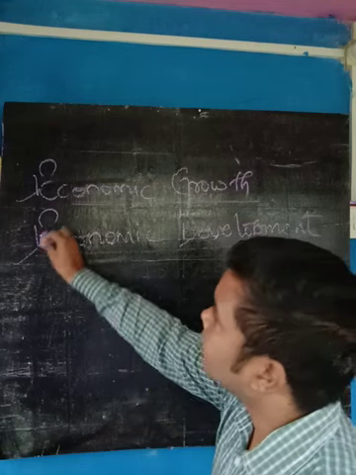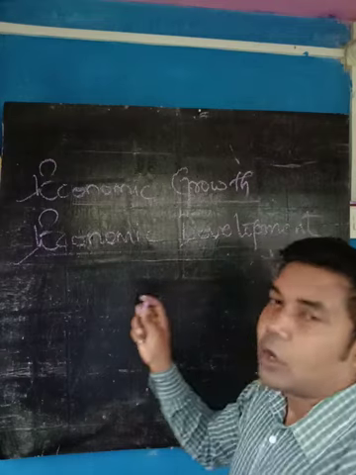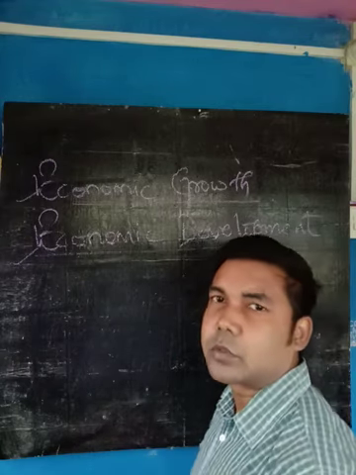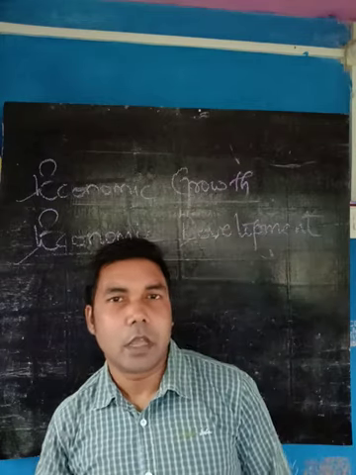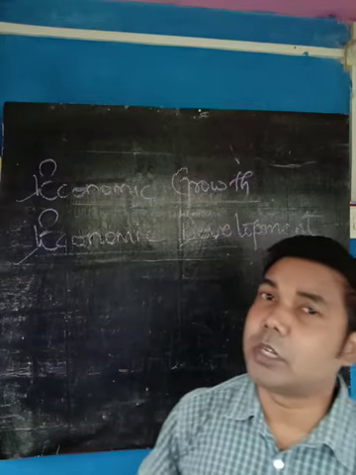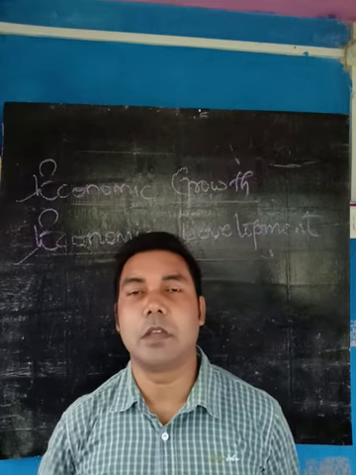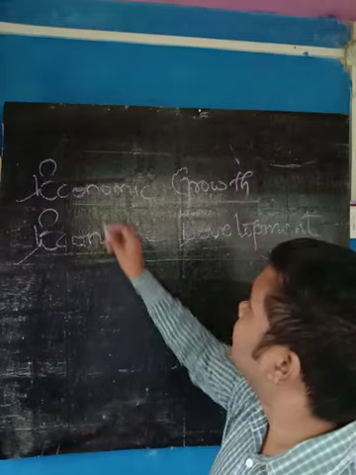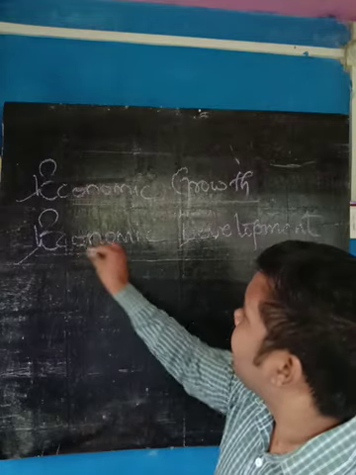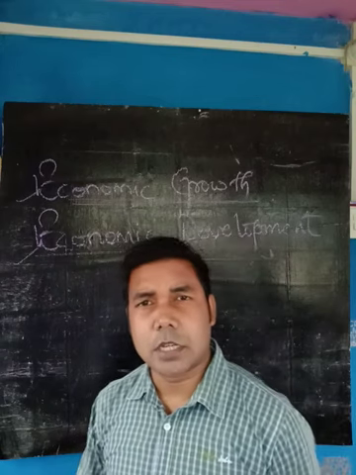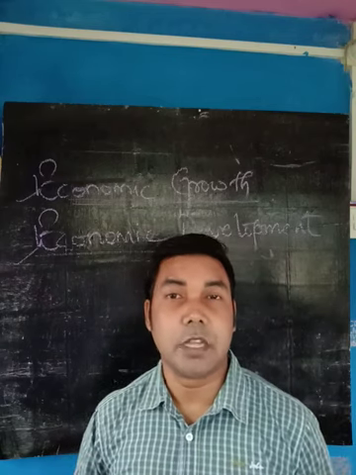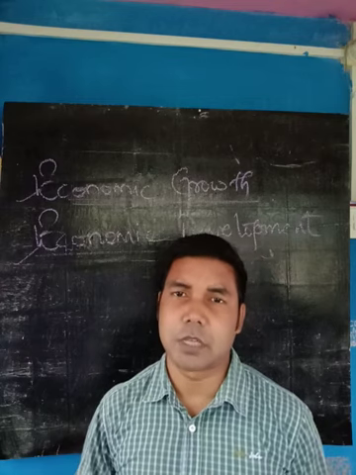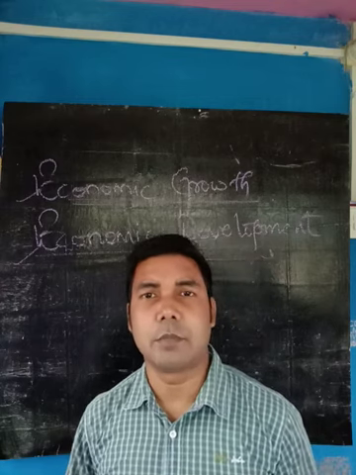Economic growth shows the quantitative development of the country, and economic development shows the qualitative development plus the quantitative development of the country. In economic development, the standard of the people increases, the income of the people increases, the education system becomes high, and the technology becomes advanced.